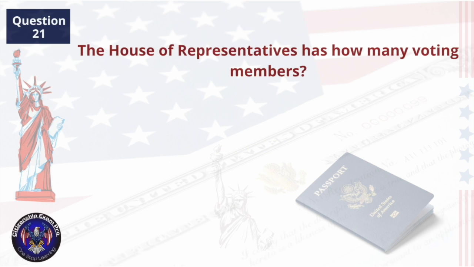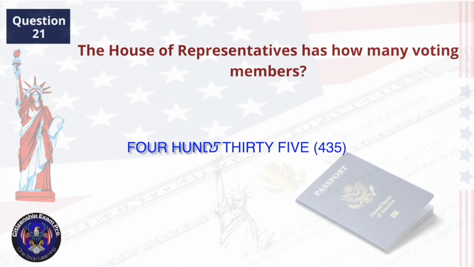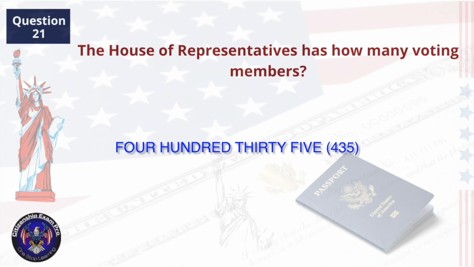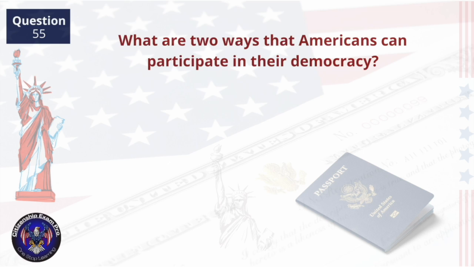The House of Representatives has how many voting members? 435. What are 2 ways that Americans can participate in their democracy?